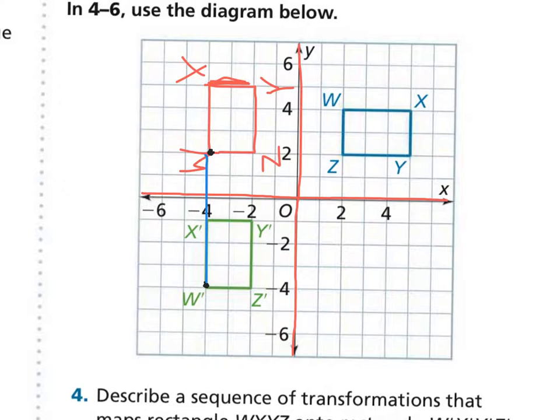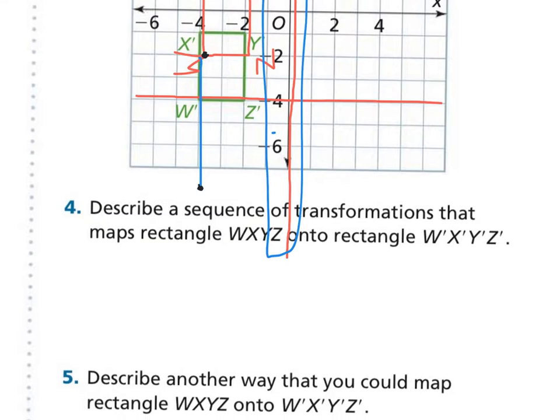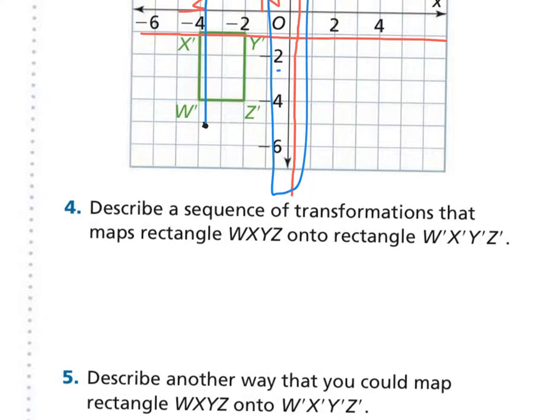Now, always make sure, when you look at the numbers, that they're going by ones here, which they are. Okay, so that is going to be our sequence. Again, the direction matters.